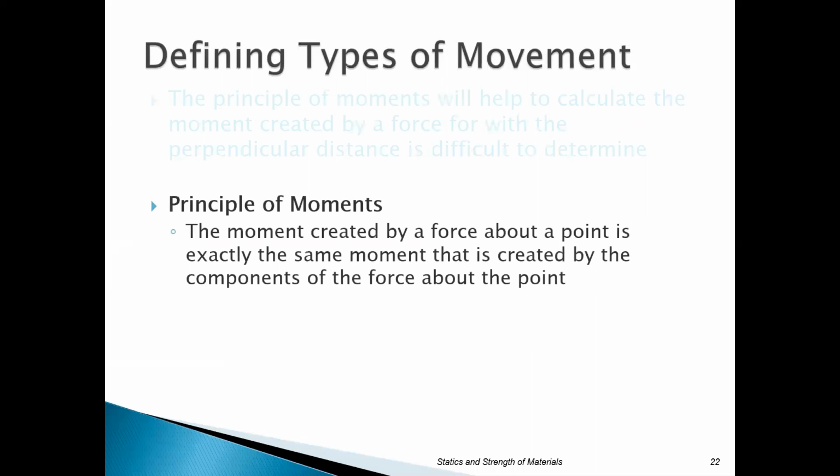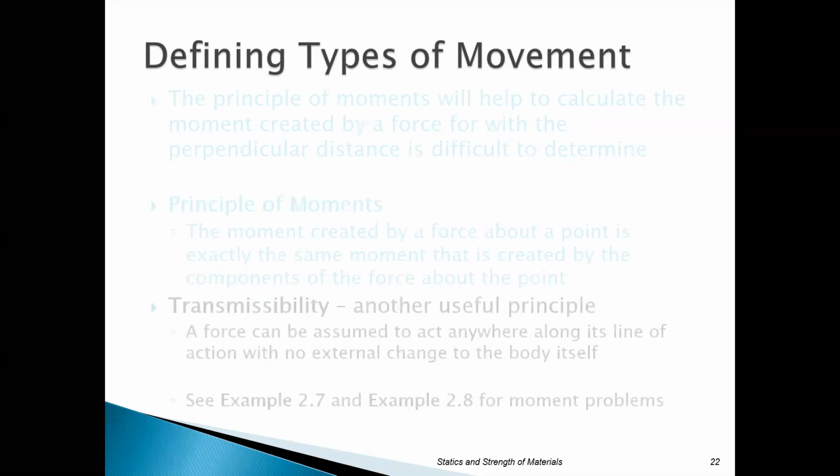What it basically says is that a moment created by a force about a point is exactly equal to that same moment created by components of that force about a point. So if we can break that force down into components in X and Y, we can apply those moments and add them, and we'll get the same result, and it's going to be a lot simpler than all that stuff that I had to do before.